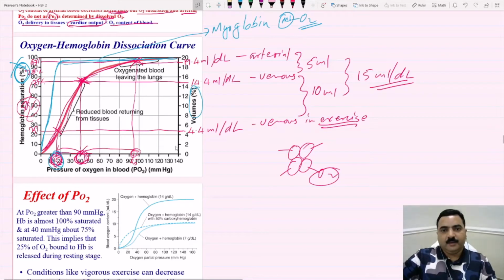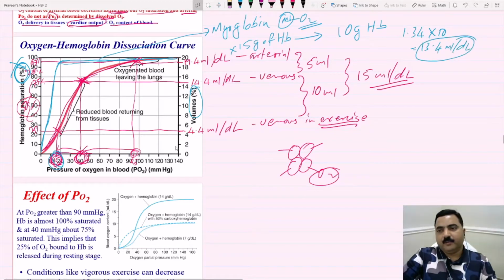For example, this 19.4 we got whenever there is 15 grams of hemoglobin. But if in a patient it falls down to 10 grams of hemoglobin, what will happen? We discussed that each gram can carry 1.34. Multiplied by 10, how much is the maximum it can carry? It can carry only 13.4 ml of oxygen per deciliter.